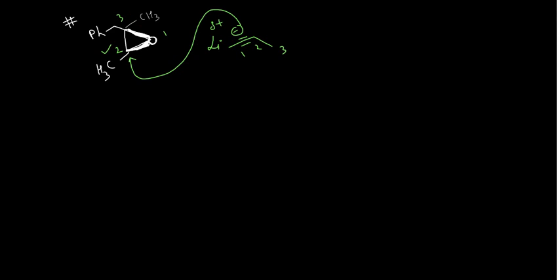Okay, so what will happen when the reaction goes? You will have your product. This will attack in that case, and the electron density will shift over there. So you see this is CH2Ph, this is CH3, and this is your alpha oxygen with negative charge.